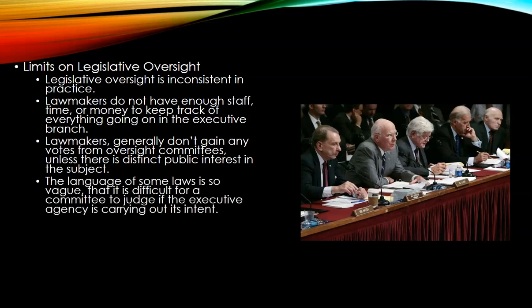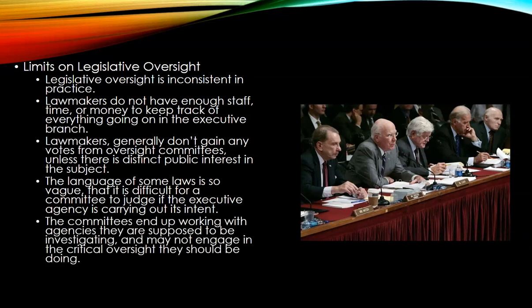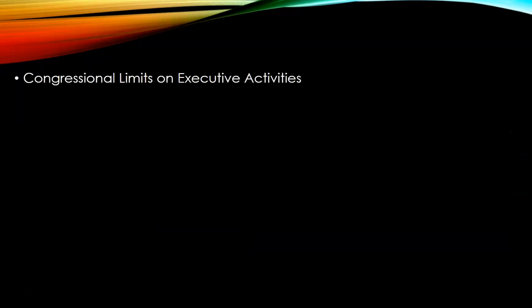The language of some laws is so vague that it is difficult for a committee to judge if the executive agency is actually carrying out the intent of the law. And the committees end up working with the agencies that they are supposed to be investigating and may not engage in the critical oversight that they should be doing. As a result of all of these, it's not consistent in practice.